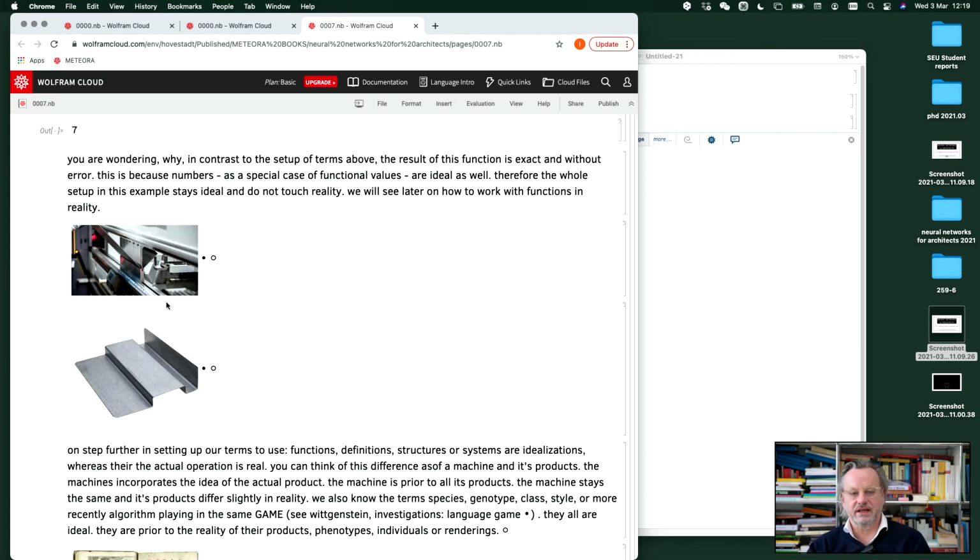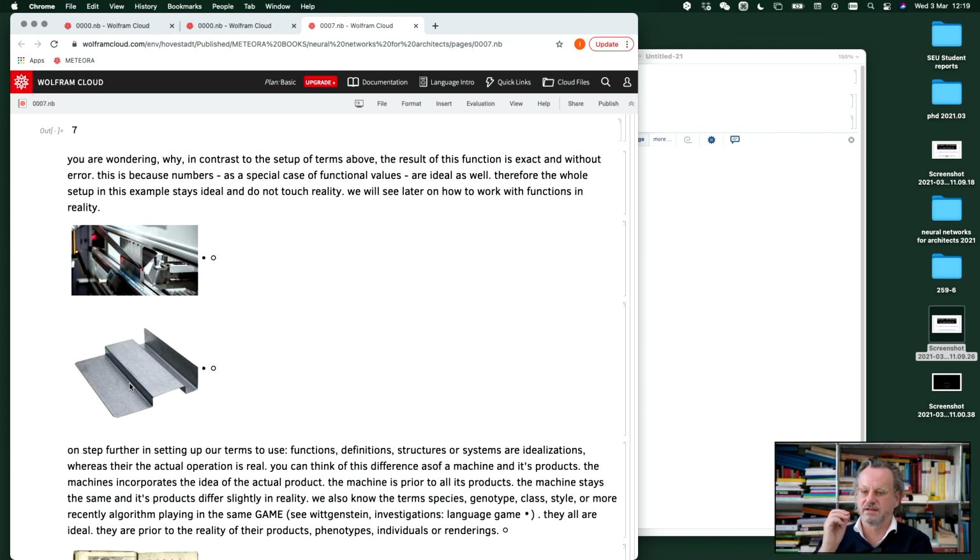The second thing is all productions are ideals. So there's an ideal of how it should work. The product has errors. It's real instead of ideal, but there's a difference between the ideal and the real thing.